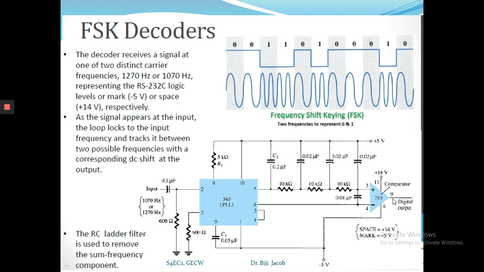So we'll be getting a DC voltage corresponding to these two frequencies. For one, you may be getting one set of voltage, and for zero's frequency you will be getting another set of voltage. So you can demodulate your frequency shifting digital signal using a PLL.